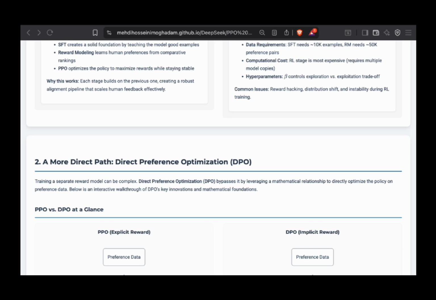Okay, now let's go to the second part, which is DPO, or Direct Preference Optimization. As we saw in PPO, we need to make a reward function, and we also need to make the value function with reinforcement learning, which could be expensive and a little bit problematic.